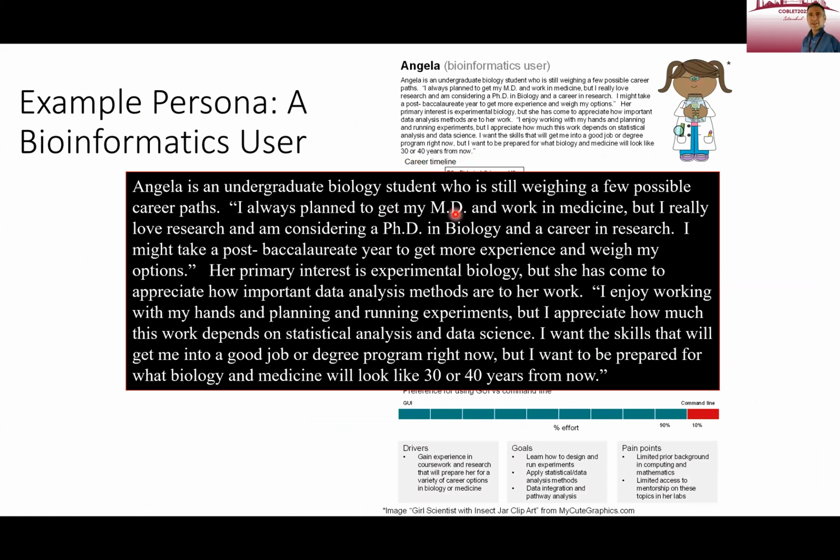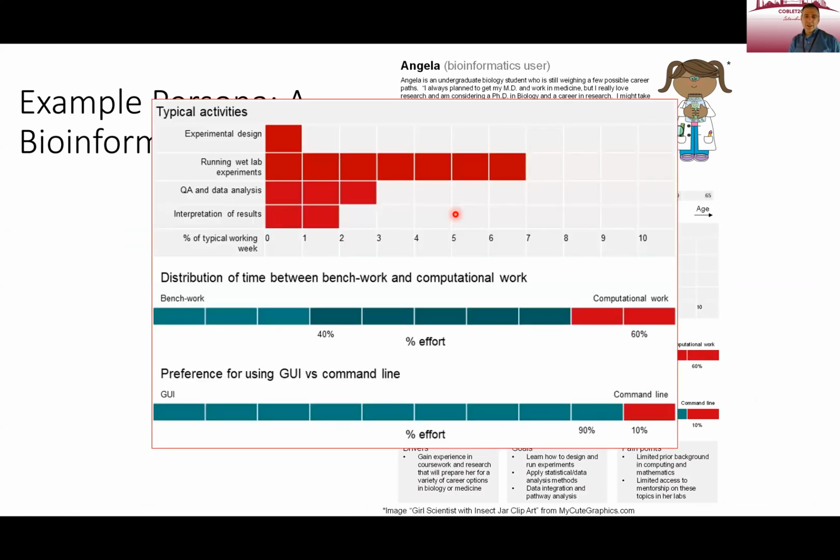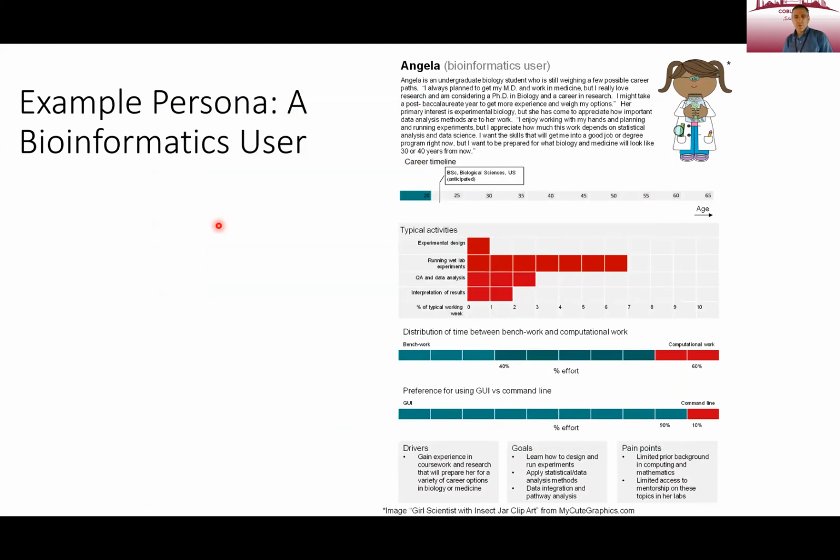Angela, bioinformatics user. Since we've seen a number of personas, I'm not going to dwell on this, but basically this would be someone like the experimental biology students we were trying to train, who might mostly be working on running wet lab experiments, but needs to know something about computational tools to be able to work on experimental design, data analysis, interpretation of results, and so forth.